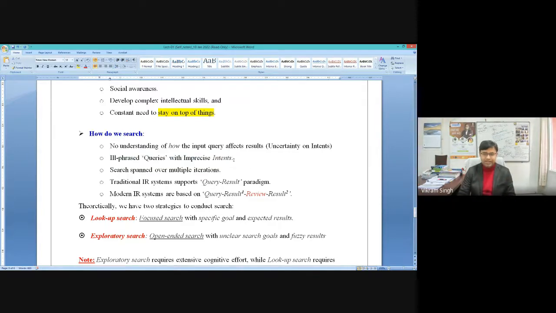So in this setting where both things are unknown, unplanned or uncertain, searches are often going to be engaged in many interactions, many iterations actually, right? Because we have not planned anything. And most of the traditional IR systems support the query-result paradigm, right? So if you apply a query, they will provide some results.